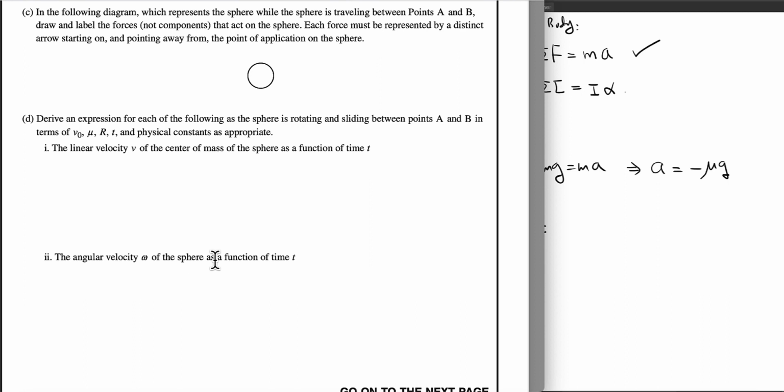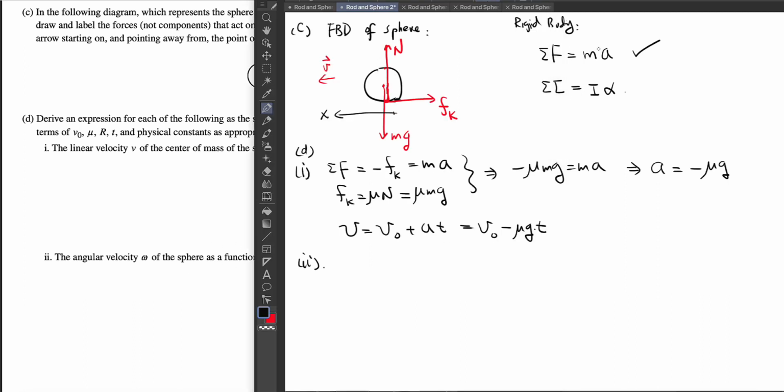Now part two. We need to study the rotation, so we are going to use this equation here. Sigma tau, the net torque with respect to the center. Both gravity and the normal force give zero torque here.